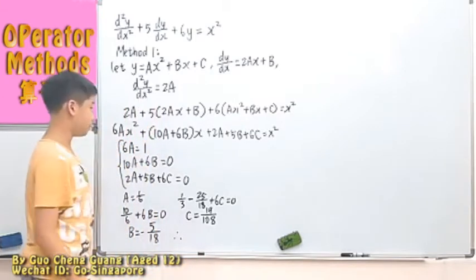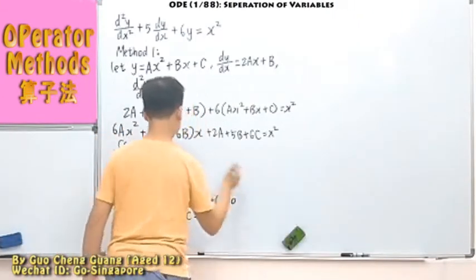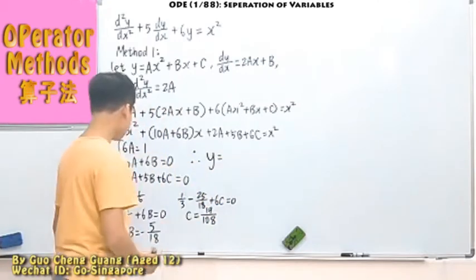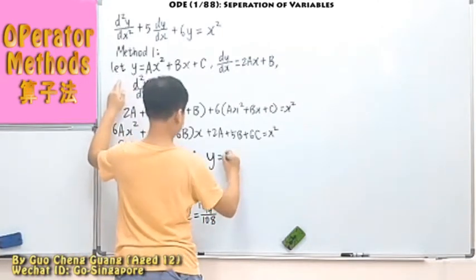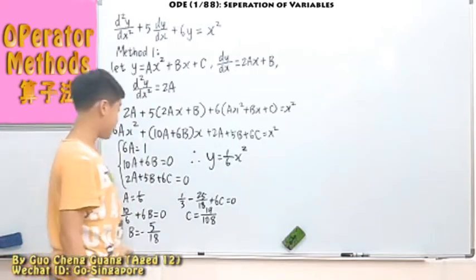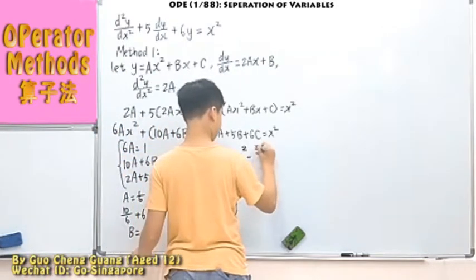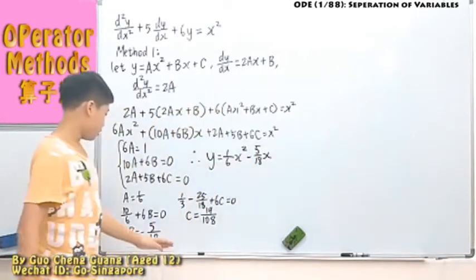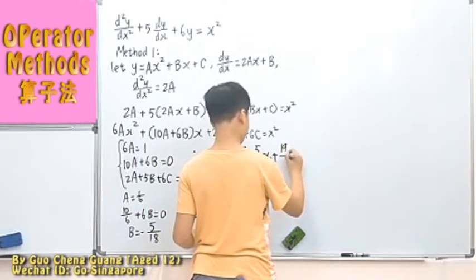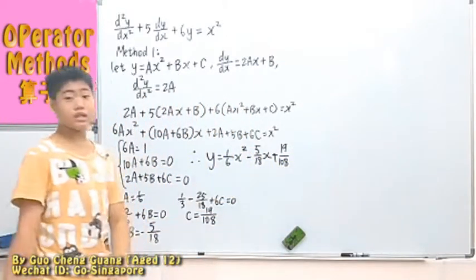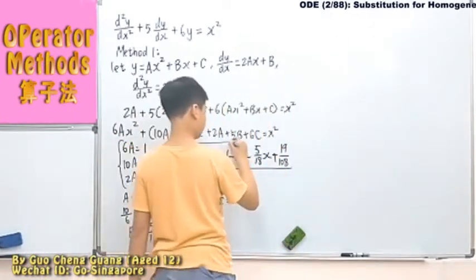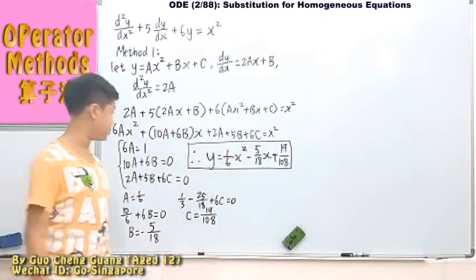So our y is: a is 1 over 6, so 1 over 6 x squared; b is negative 5 over 18, times x; and c is 19 over 108. So this is what you get for y.